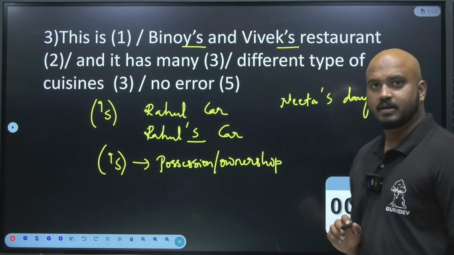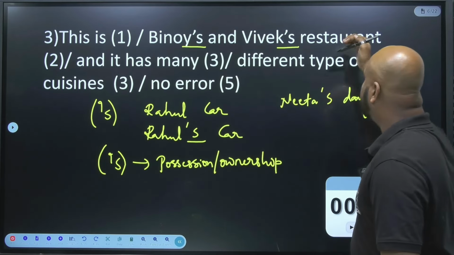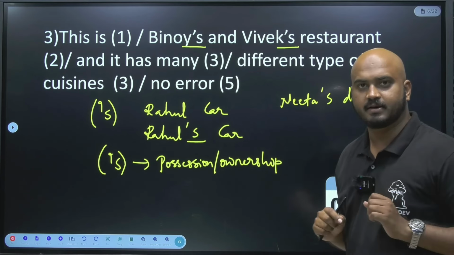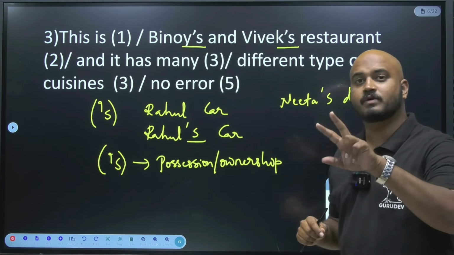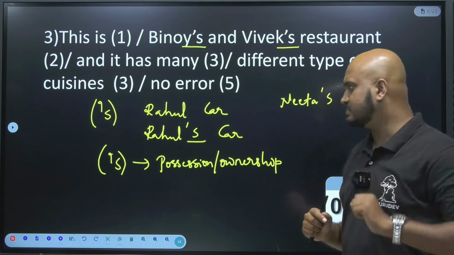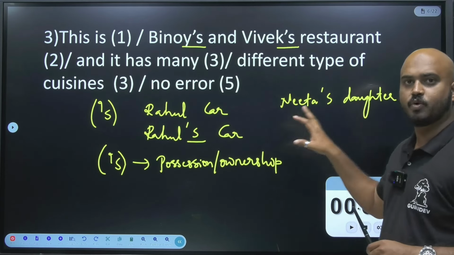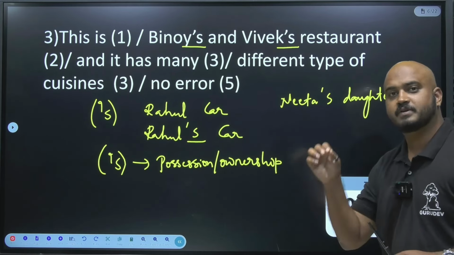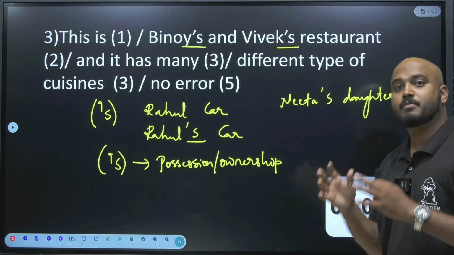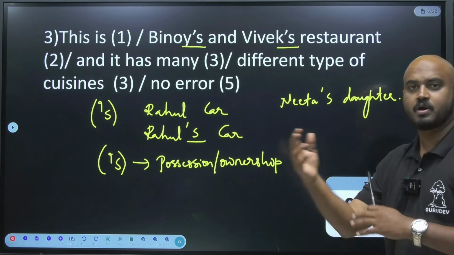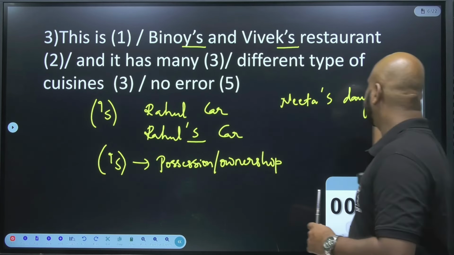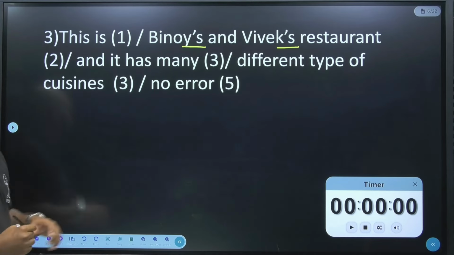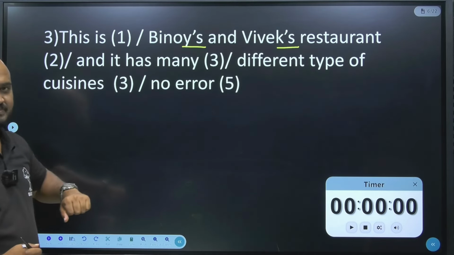So similarly, here I'm talking about a restaurant which belongs to these people, right? Binoy and Vivek. Now, whenever you have two nouns connected by that, there is a small rule which we'll see. First of all, I believe that you are clear with this apostrophe. I repeat again, apostrophe is purely used to indicate possession or ownership, belonging of something, someone. All right. Now, let's see what is the rule for this particular error detection question.